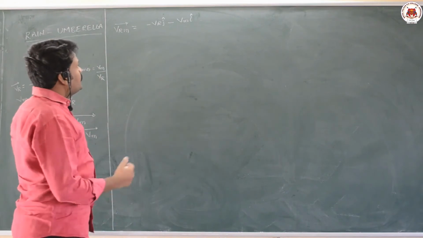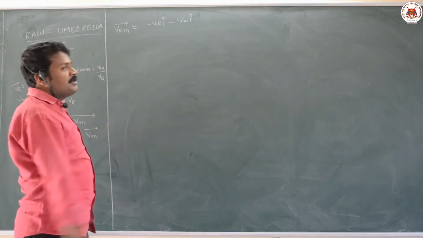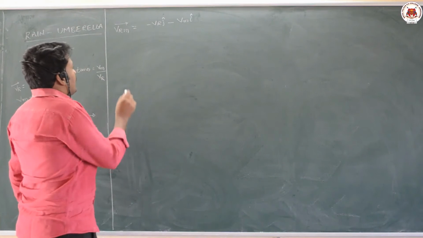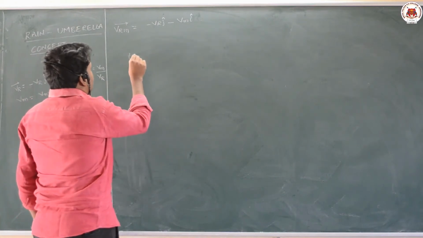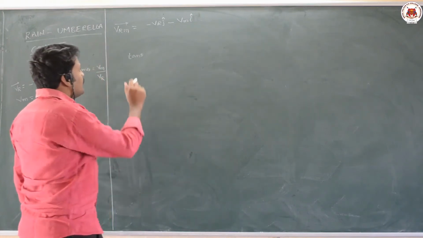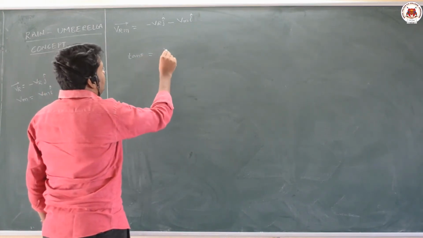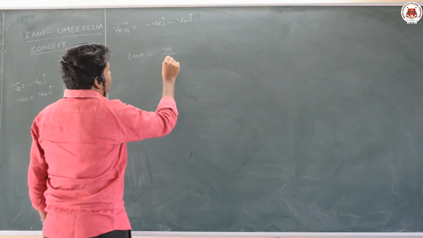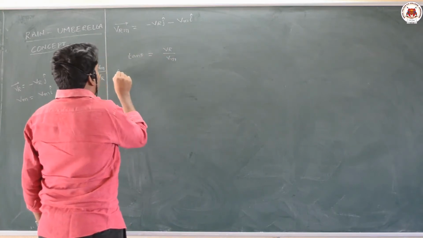If you want the magnitude of relative velocity, or the angle made: if theta is with the horizontal, tan theta is y component by x component, Vr by Vm.